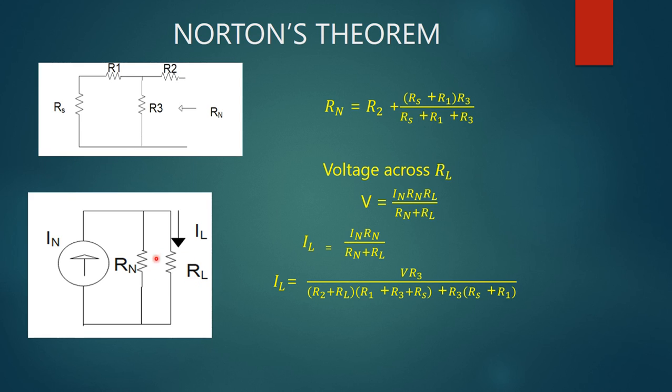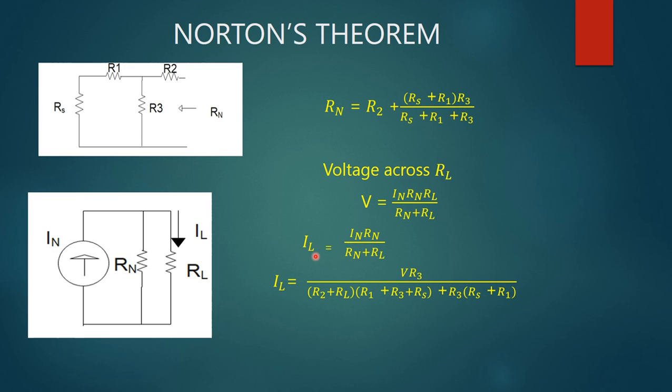First we find the voltage across these two points, that is the load resistance RL, and this is equal to current IN into the equivalent resistance of the parallel combination of Rn and RL, which is V is equal to IN into Rn RL by Rn plus RL.